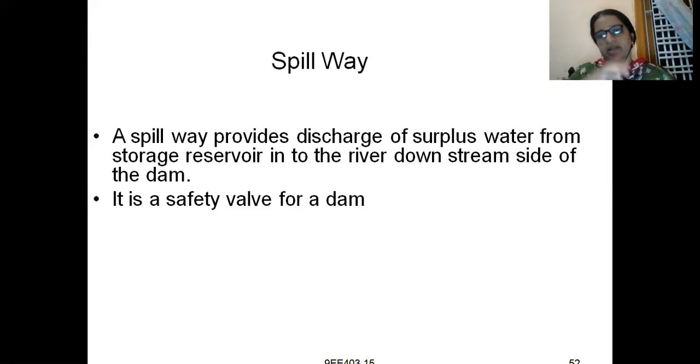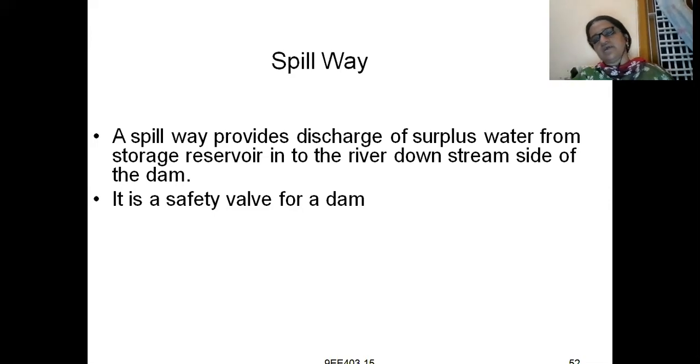So they construct gates for the dam, so that if the water in the dam reaches the maximum level, they can open those spillways, or those gates, or the shutters of the gates, and they can disperse the excess flow of water in the dam.